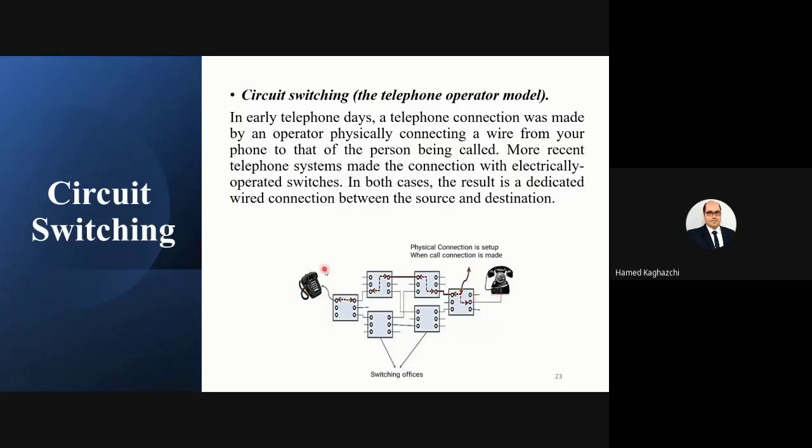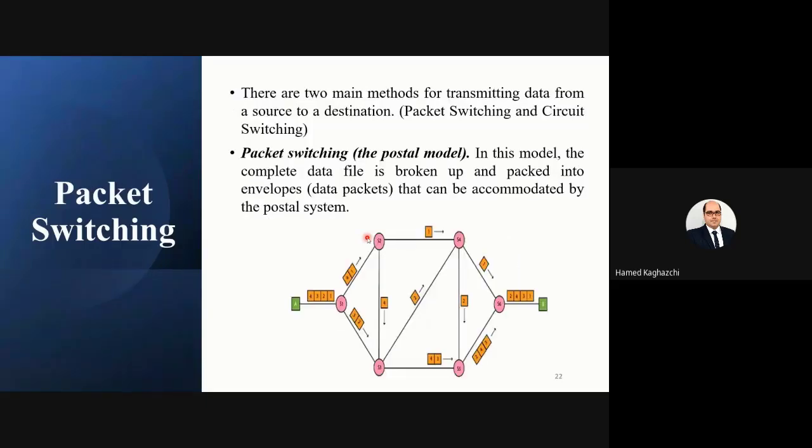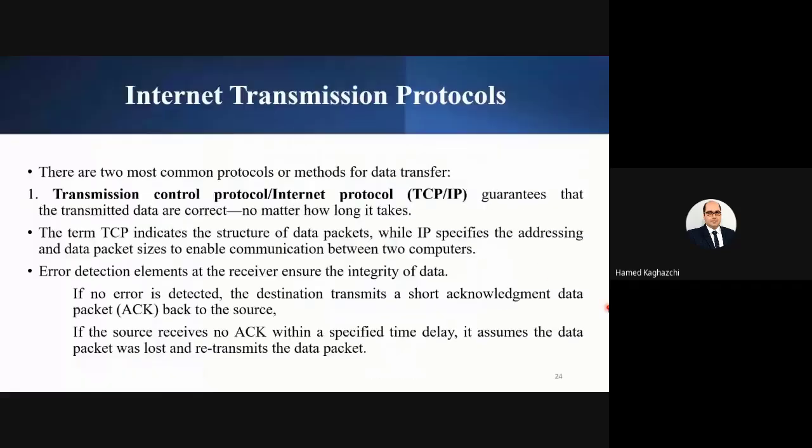As you see here, in this section, for transmitting data, these switches are physically connected to each other in a suitable way to make a connection between two phones. This type of transmitting data is also called circuit switching. But today, in the digital age, we use packet switching for sending information.